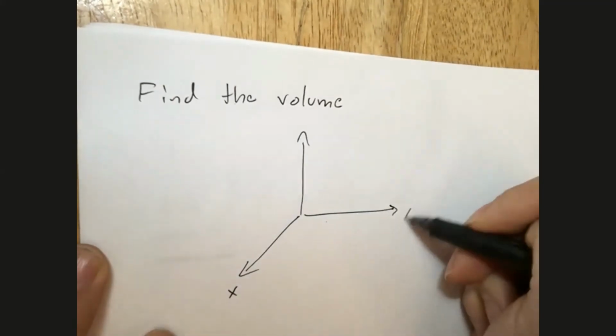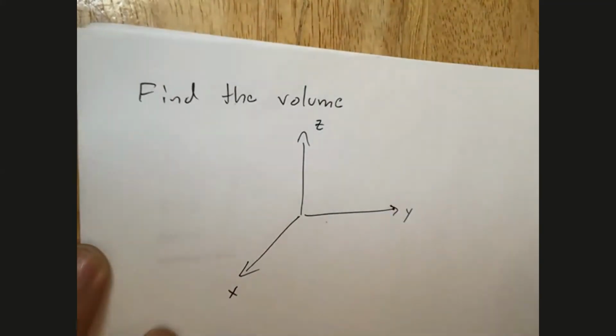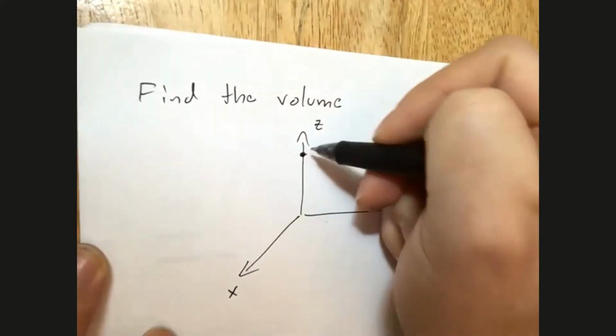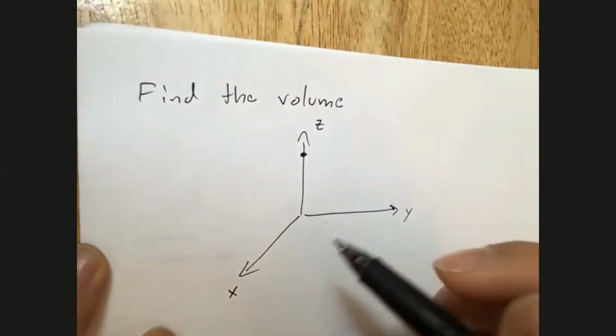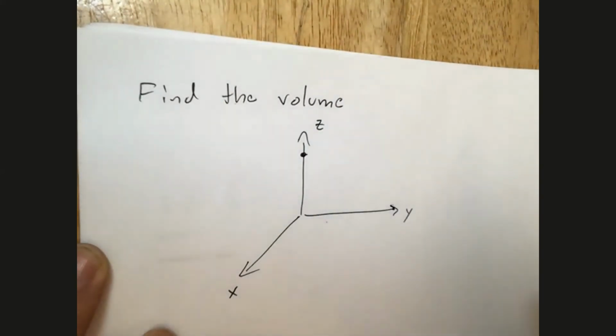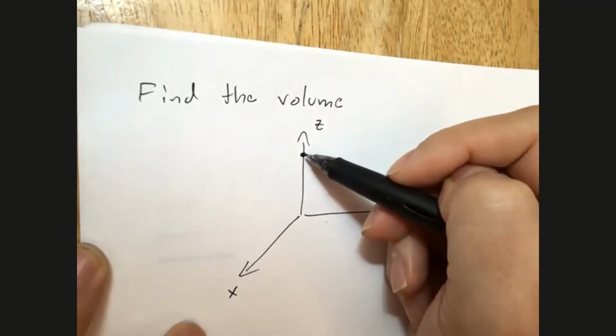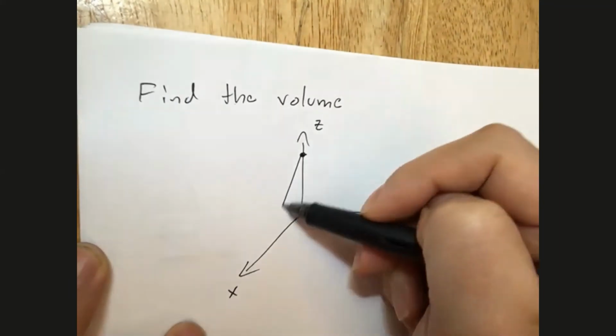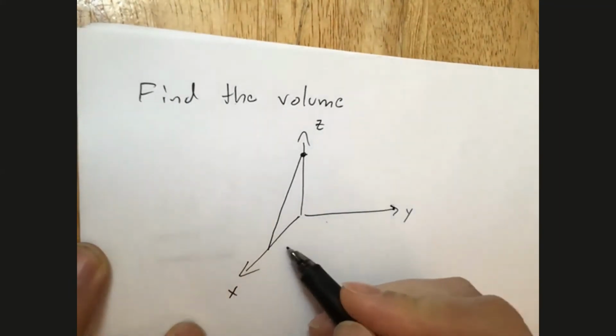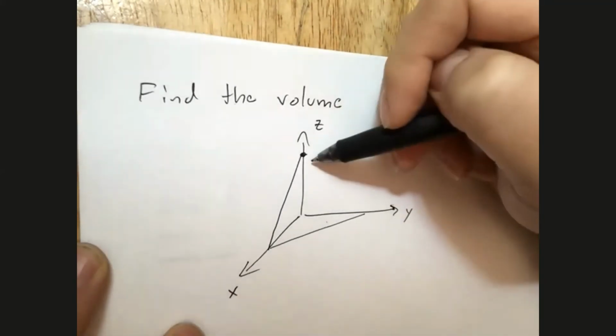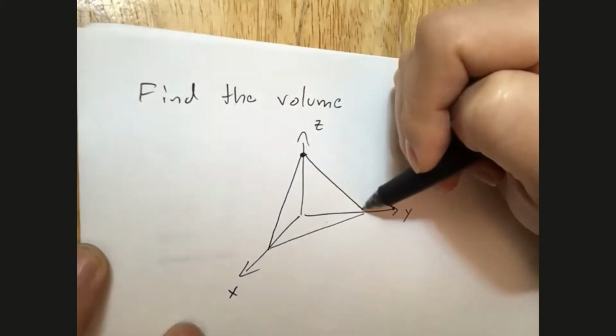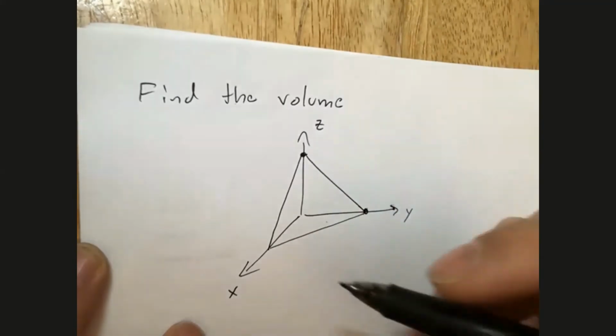Here's x, y, and z, and it's going to be where this plane intersects the first octant of the x, y, z coordinate system. So when you intersect a plane with an octant, you get a triangle like this.